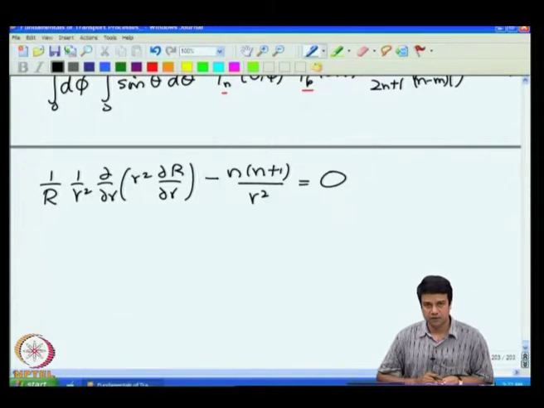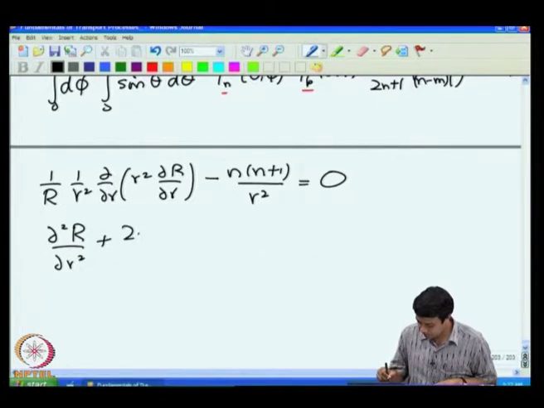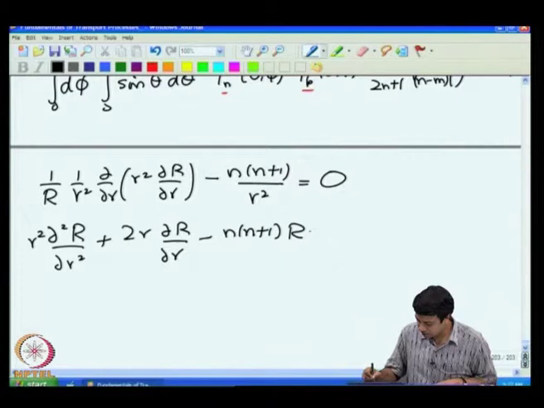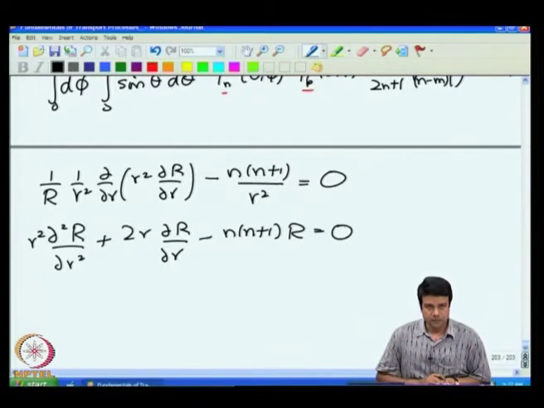So, this is the final equation. I can expand this out to give partial square R by partial r square plus 2 over r partial R by partial r minus n into n plus 1 over r square R is equal to 0, just by expanding this out.